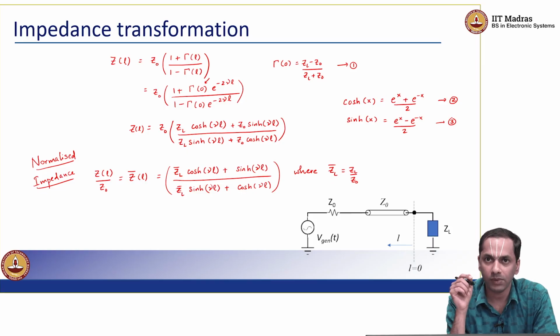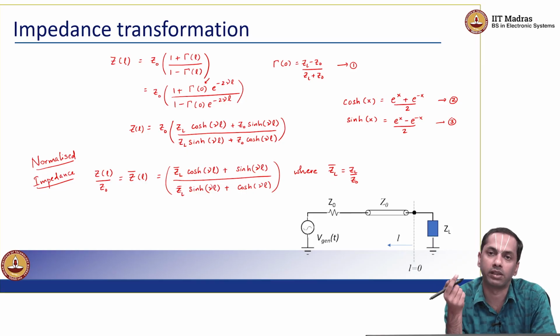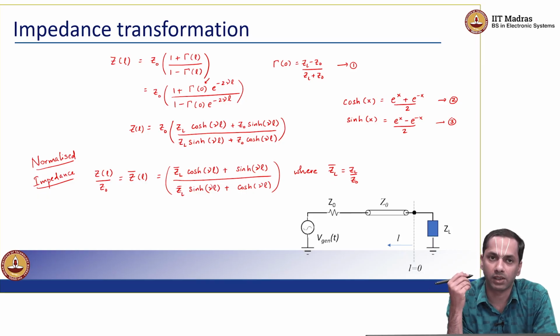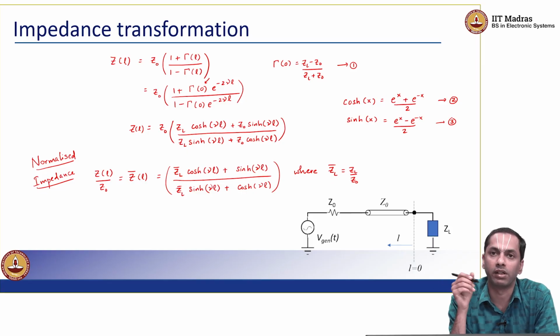So in some sense, the characteristic impedance of the transmission line sets the reference to all the impedances of interest connected to this circuit. So it's always good to think of impedances with reference to the characteristic impedance, which is why we introduce this normalized impedance. Even when we go to understanding Smith charts, we will introduce the concept of normalized impedance and use it there.